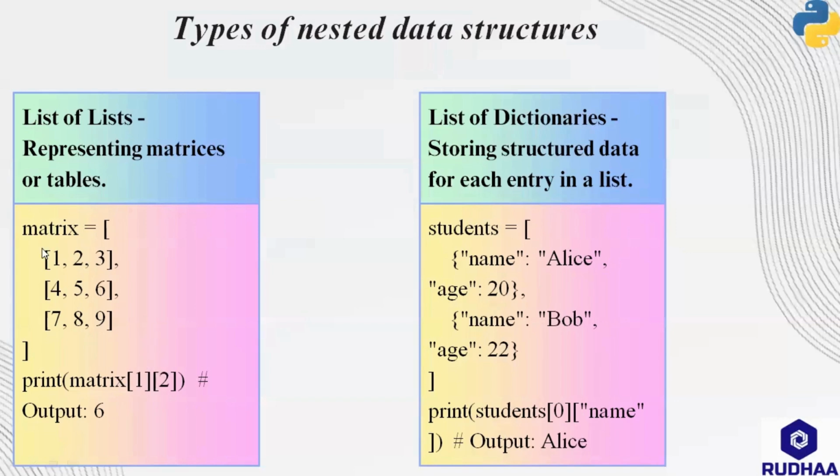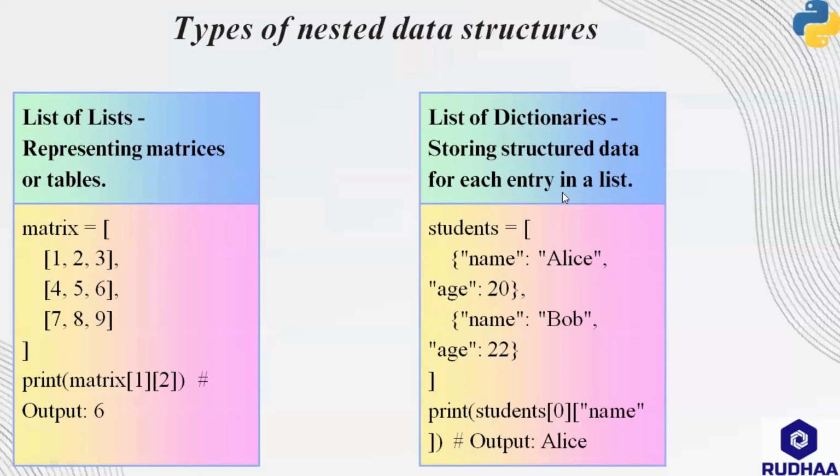In this matrix, you can see this is index 0, index 1, index 2, and similarly column-wise it is 0, 1, 2. So here we have matrix[1][2], which means the second row, third column element will be printed. The second row, third column is 6, so that will be printed as the output. So this is accessing an element in a list of lists.